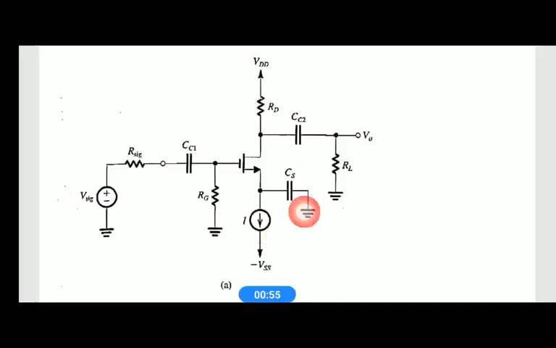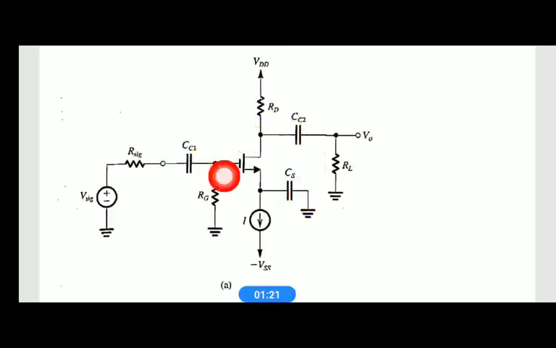As we discussed already, the high frequency response is affected by the internal capacitances CGS and CGD, whereas the low frequency response is affected by the externally connected capacitors, which are CC1, CC2 and CS, right?